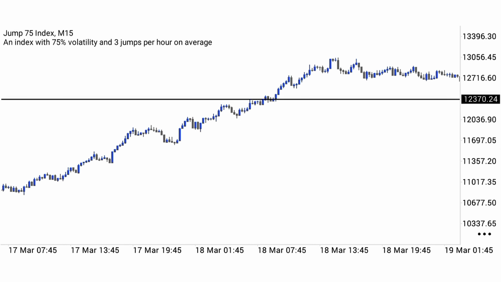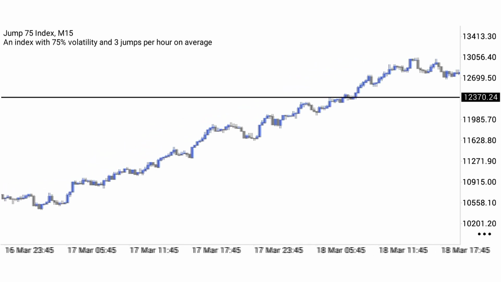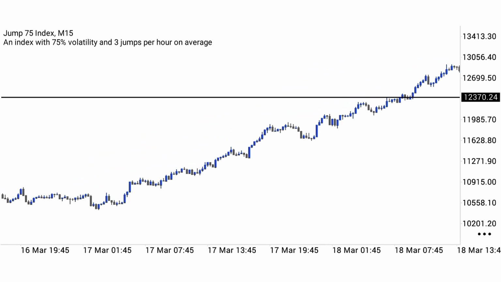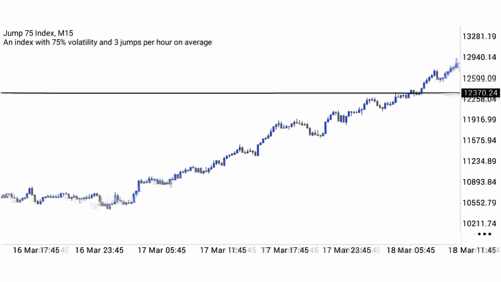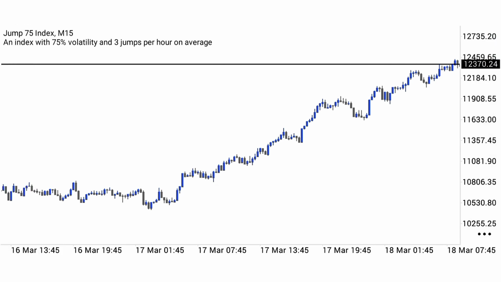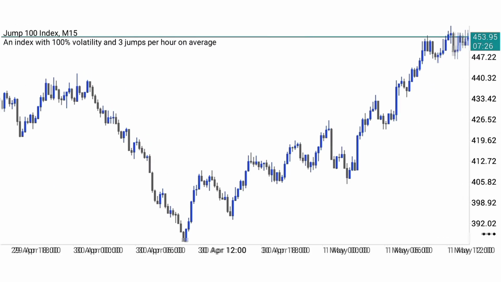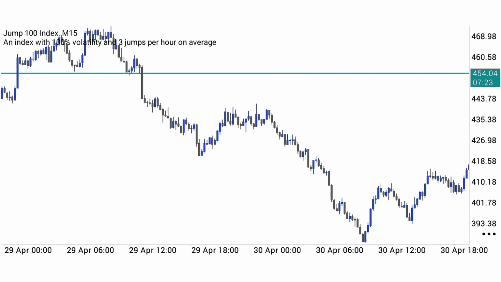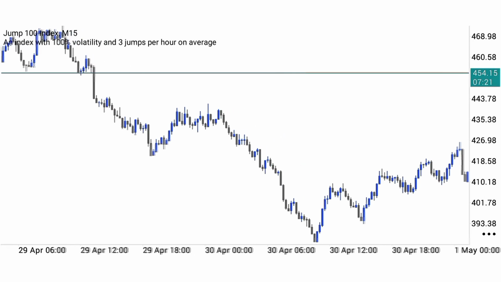Now, the asset that I want you guys to trade using this $4 balance is number one, Jump 75. Like currently you can see me, I'm on Jump 75. The second one is Jump 100. Jump 100 also helps you to use low risk in the market.